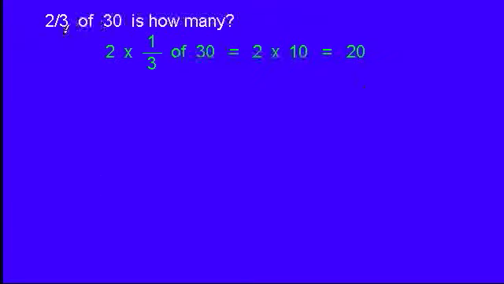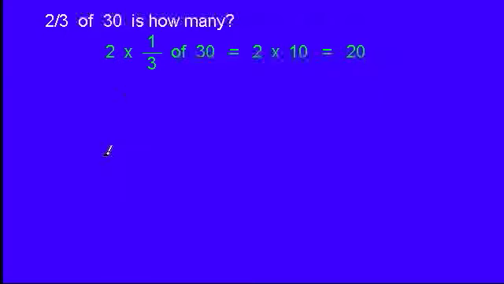As another example, 2/3 of 30 is how many? Well, you could think of it as, first, 1/3 of 30 is 10, so 2/3 would be twice that, or 20.